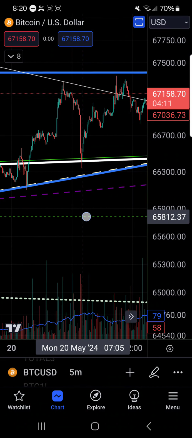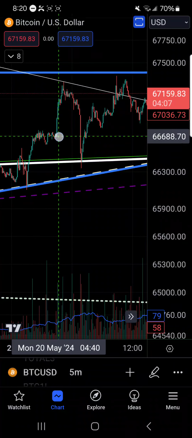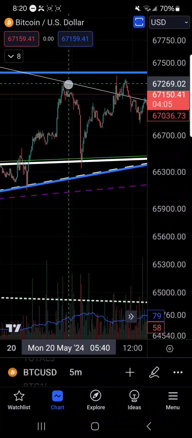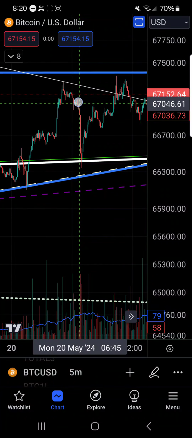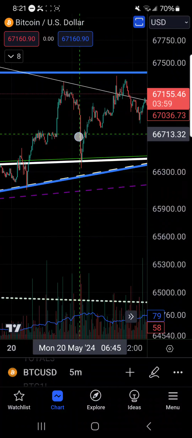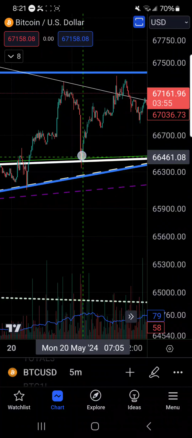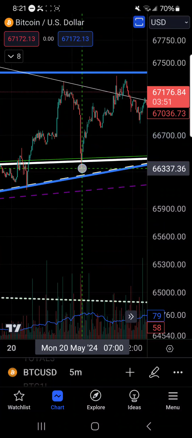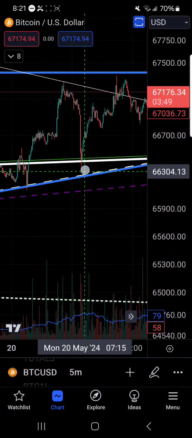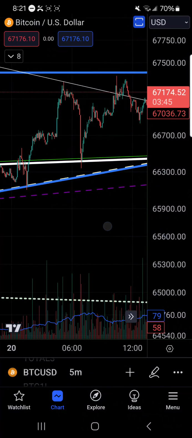We did hold it as support here, and we're moving significantly upwards towards the top of the blue channel. And then for some reason, we had this dump. I don't even know why. Someone just thought, I'm so sick of these bulls, I want this to dump. And they tried, but weren't able to do it. And back up we went.